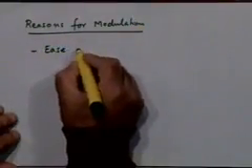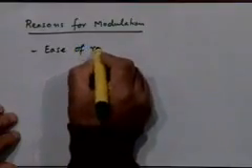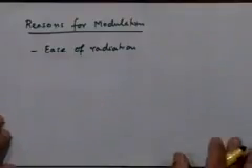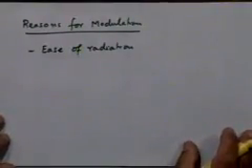We discussed one reason in detail, ease of radiation. It may turn out that certain frequency bands are highly noisy, or there is a lot of interference in those frequency bands, right? Then you like to make sure.